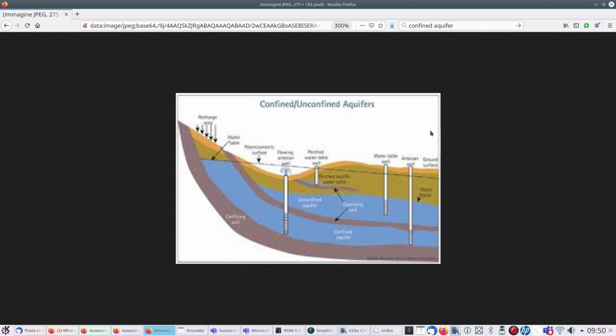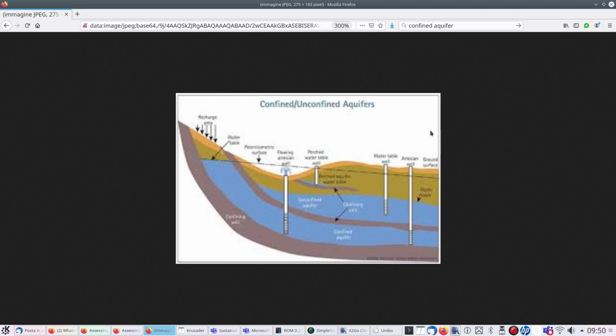Also, if you look at the last one on the right, you see that even if it's in a confined aquifer, water doesn't spring out. Why is that? Because, of course, the level of the terrain is higher with respect to the well on the left, and therefore water cannot climb up to the terrain level.